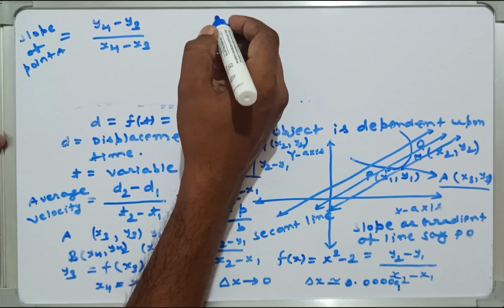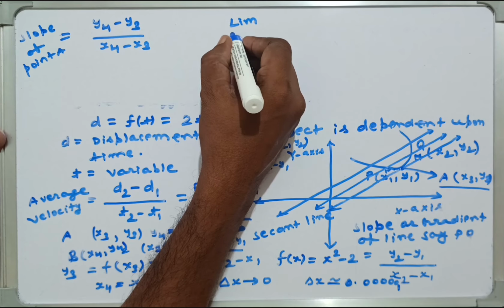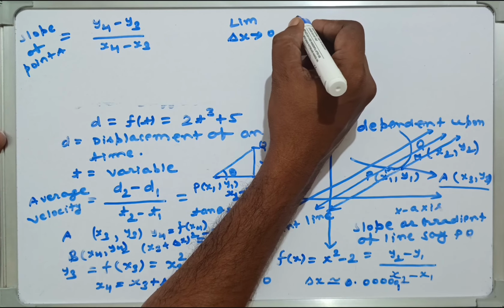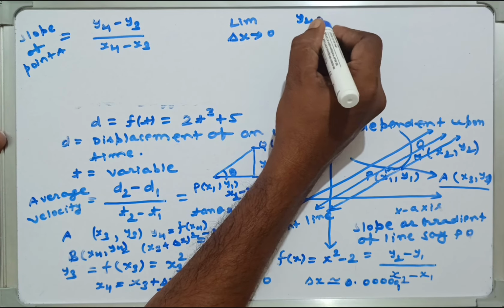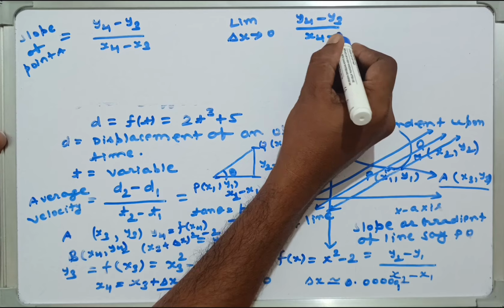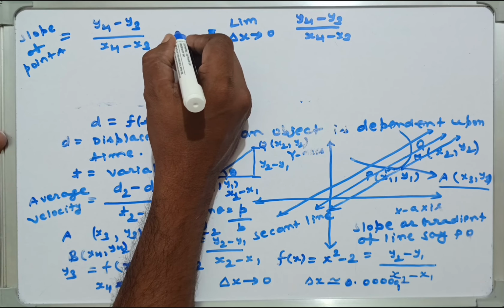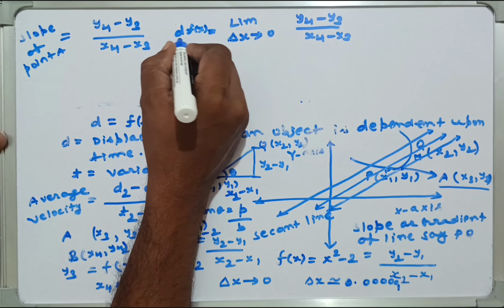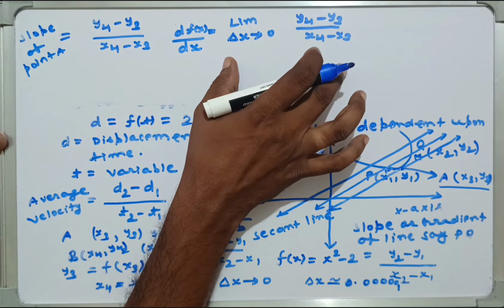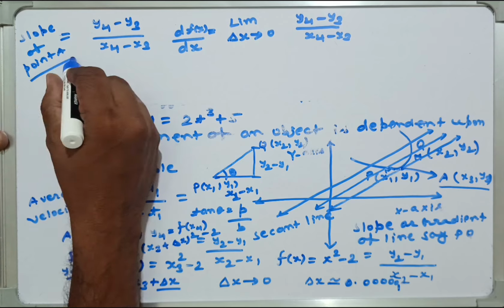So in mathematics, when you take the limit as delta x tends to 0 of y4 minus y3 over x4 minus x3, it equals df(x) by dx, which will give the slope of the line at a particular point.